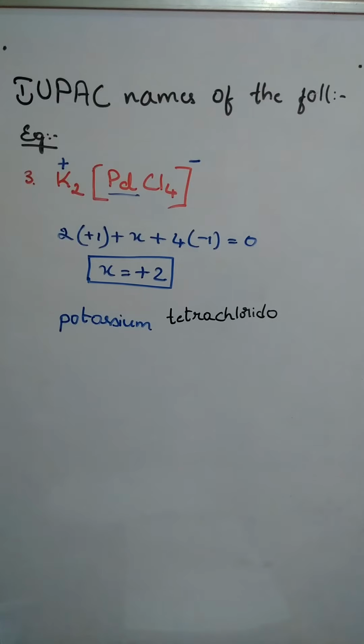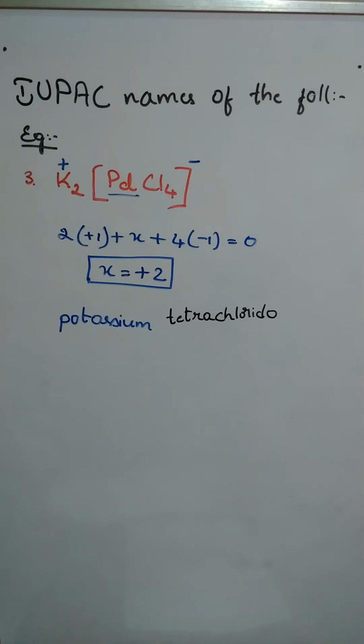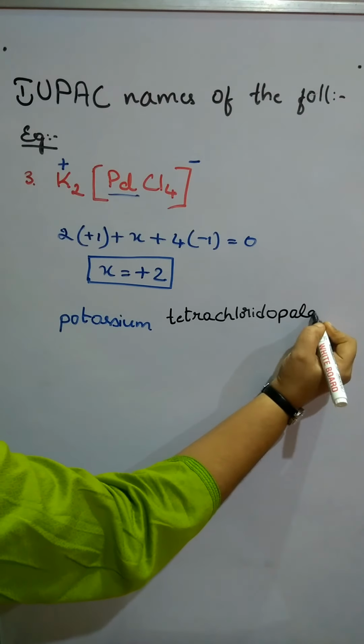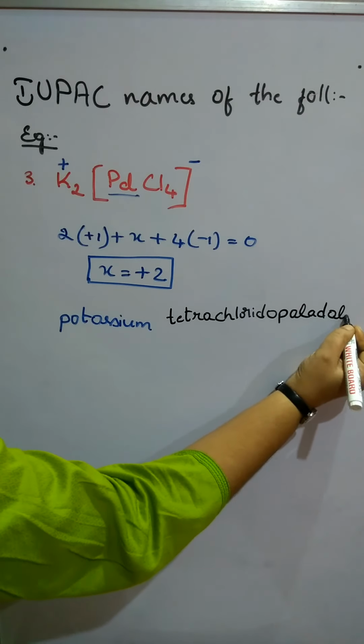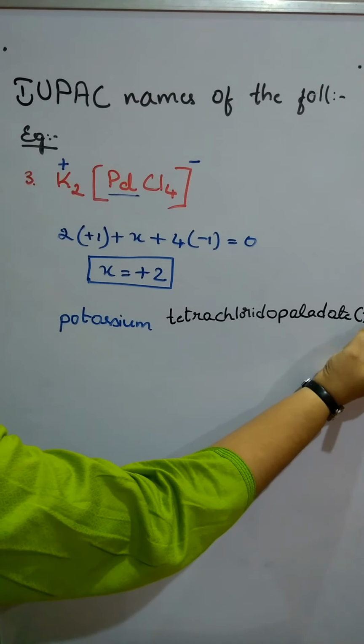That also we have discussed already. So tetrachlorido, then palladium. For palladium, the name becomes palladate. Palladate, and the oxidation state is 2 here.